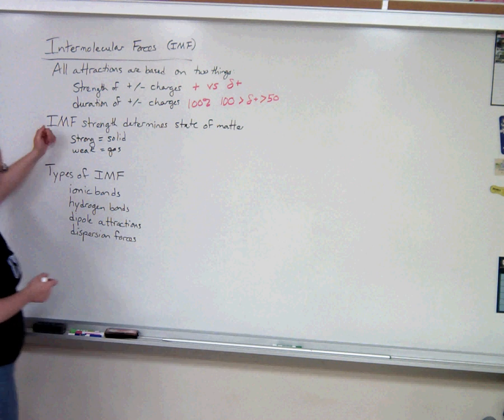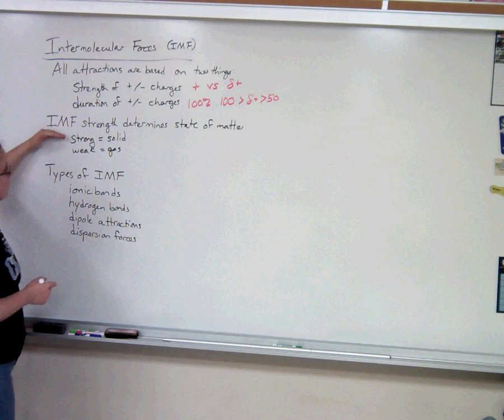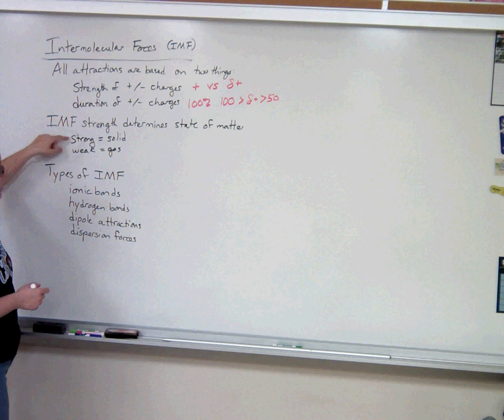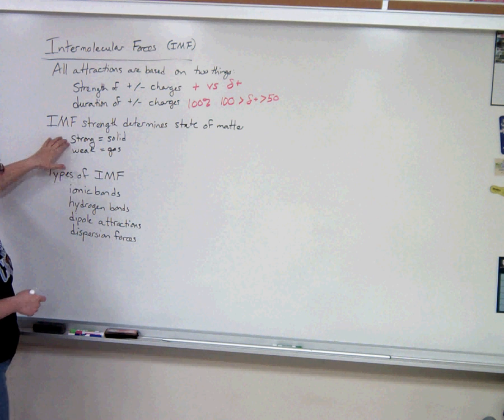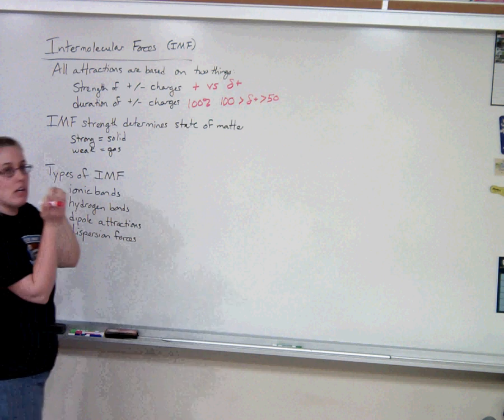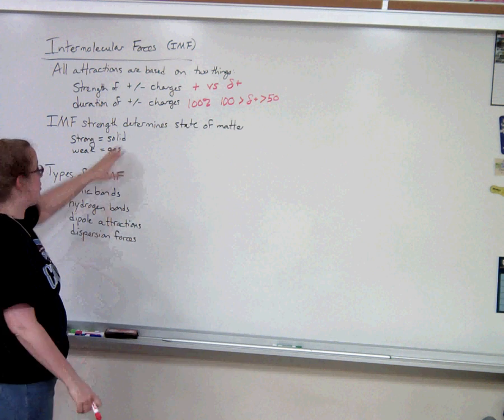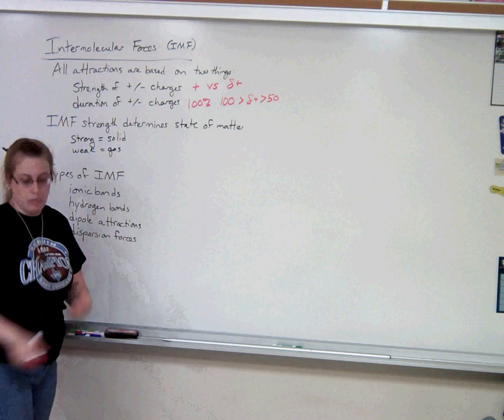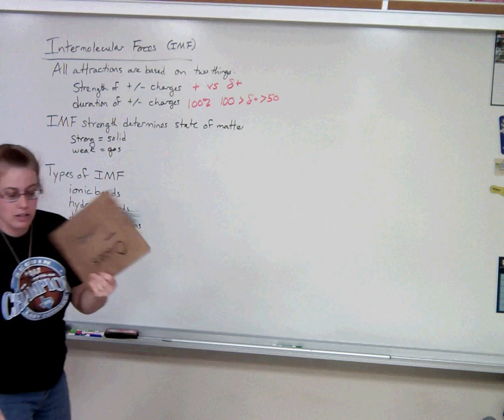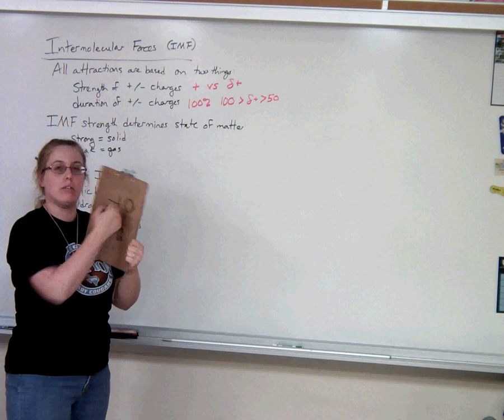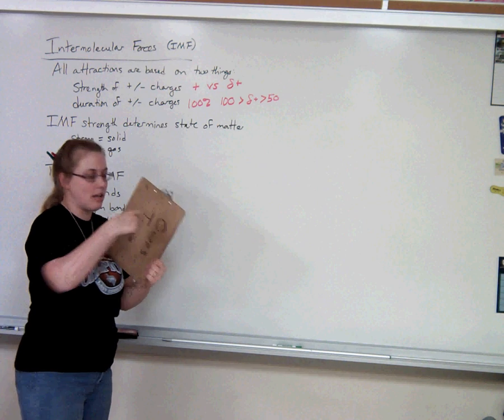And as I said, the IMF tells you whether you are going to be a solid, a liquid, or a gas. The stronger the forces between the molecules, the more tightly they hold together, the more likely you are to be a solid. And that's why when you have something that is a solid, you can't get through it. Those molecules are holding together so tightly that nothing can pass through them.